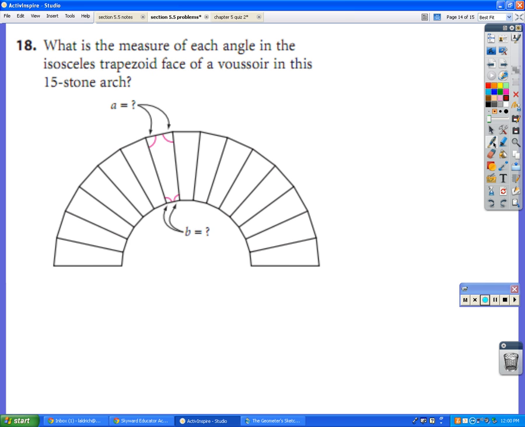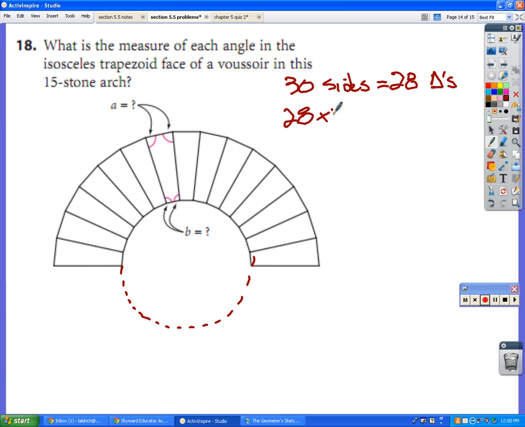If there are 15 stones in this arch, if I were to continue around and make that a whole shape, how many sides would this entire shape have? 30. Okay, so 30 sides means how many triangles? 28 triangles. Okay, Manuel, you got my back here? Yeah. All right, so 180 degrees for each one of those.